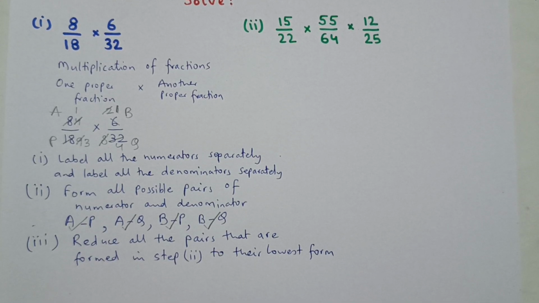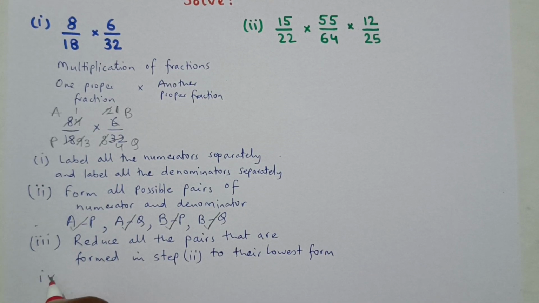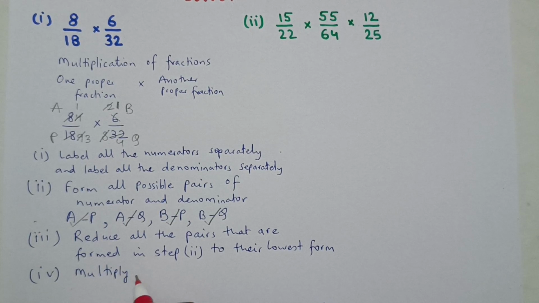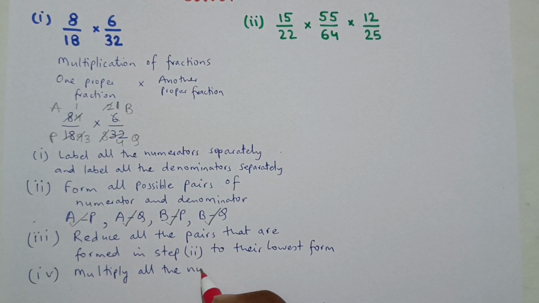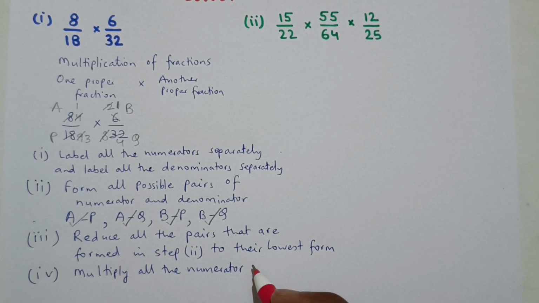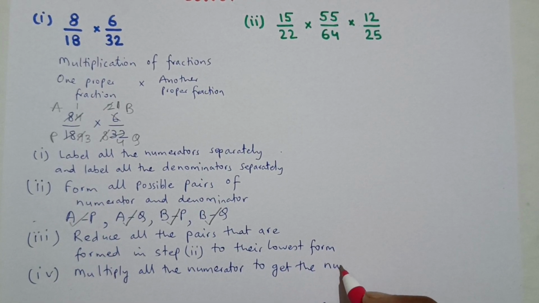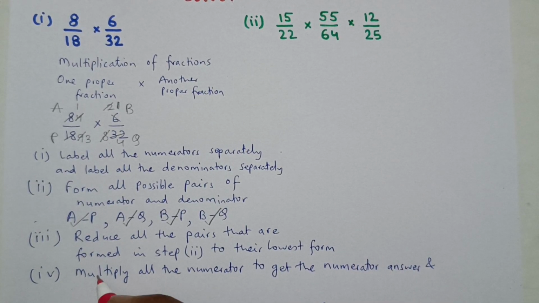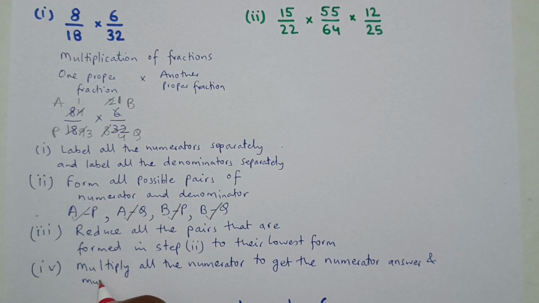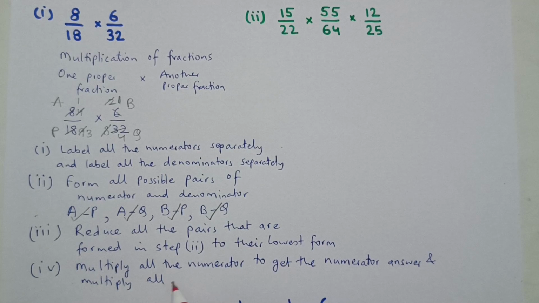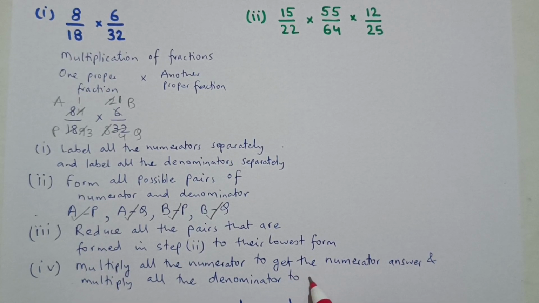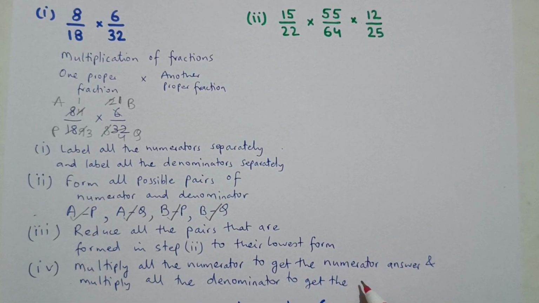And now the final step. The final step is to multiply all the numerators to get the numerator answer, and multiply all the denominators to get the denominator answer.